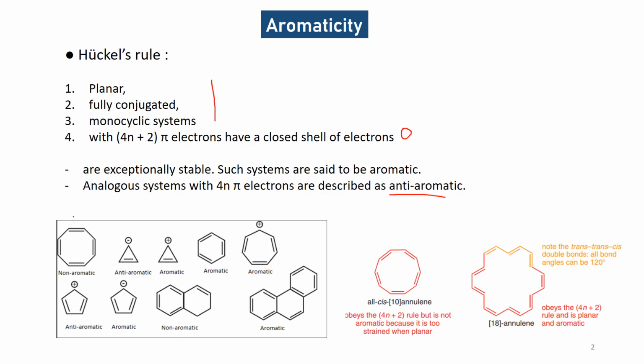Let's solve together. This is a system with one pi bond. Do you know what a sigma bond and a pi bond are? Any single bond is called a sigma bond.